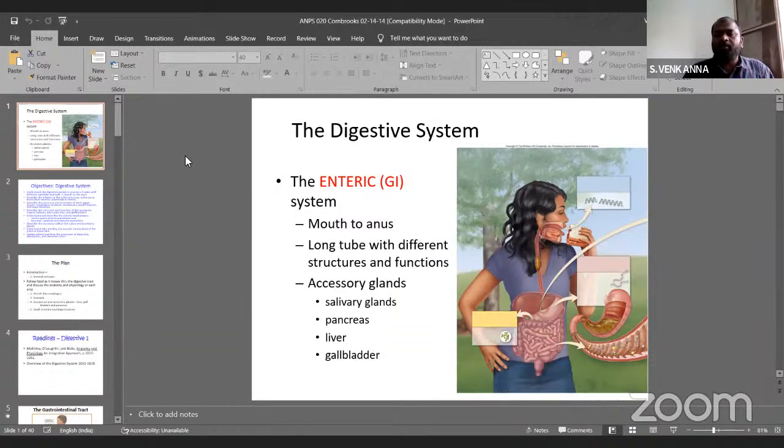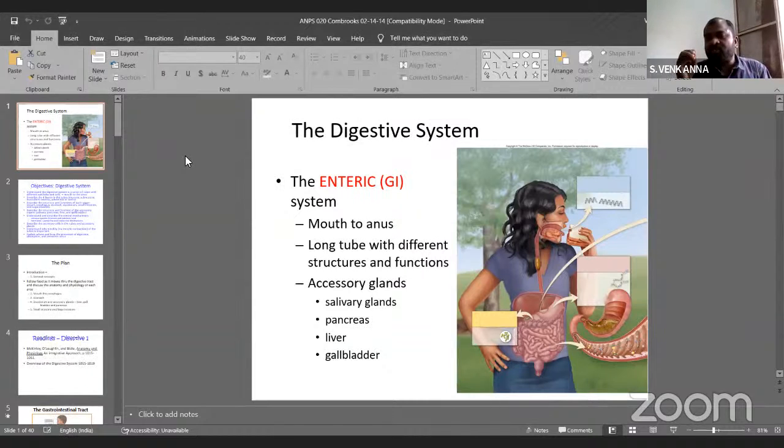What is the digestive system? These are basic terms and basic information. Complex materials converted to simple materials is called digestion. The digestive system provides energy, because ATP, adenosine triphosphate, gives instant energy. This is known as glucose, the energy system.